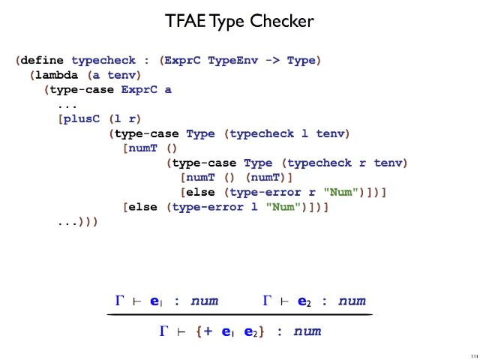In the right-hand case, then we type check, and if that also has type num, then the whole plus expression has type number. Otherwise, we complain for the right expression. So this num_t here is that result, which we get to only if both of the sub-expressions had type number. Multiply is the same, so in fact, as you'll see in the code you can download, we just lift this out into a helper function that both plus and multiply use.